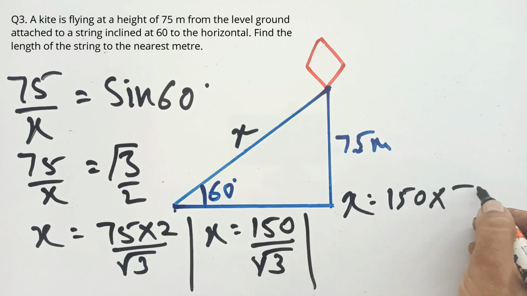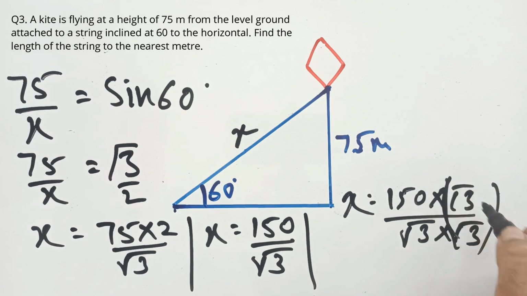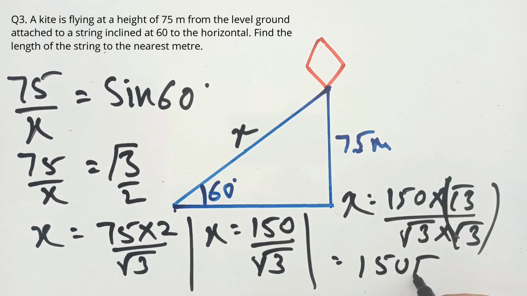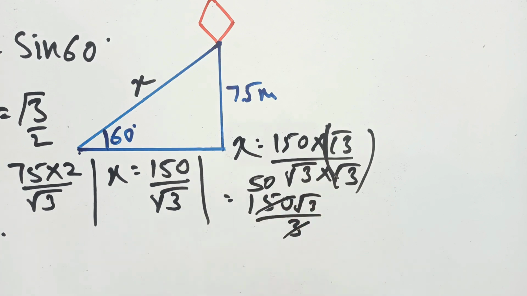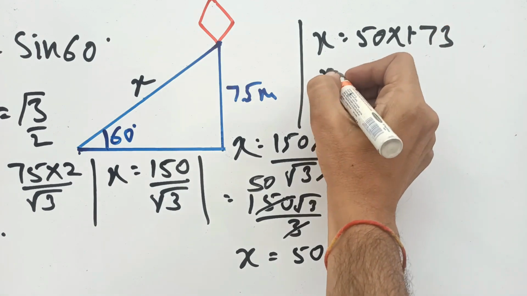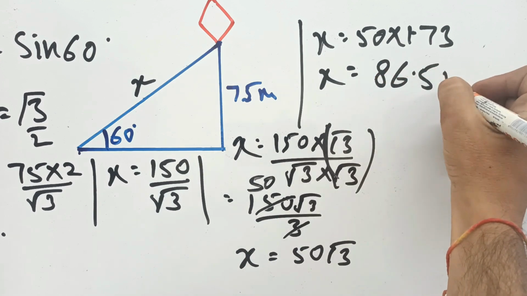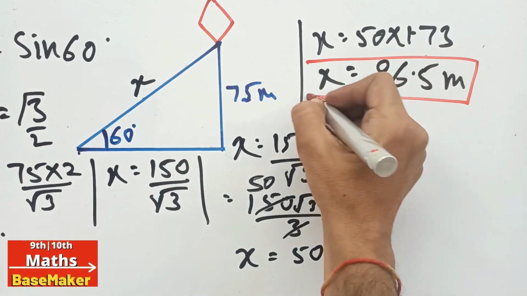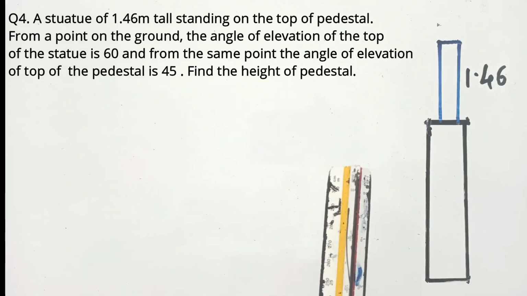Multiply by root 3 in numerator and denominator. Cancel this, 150, so it is 50 root 3. The value of root 3 is 1.73. If you multiply, we will get 86.5 meter. That is the length of the string.